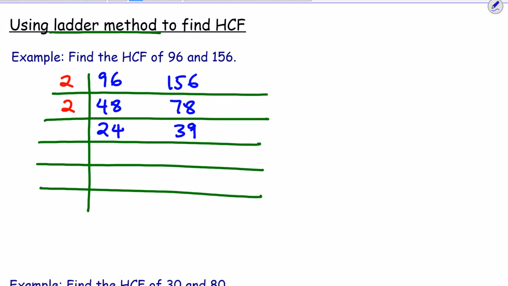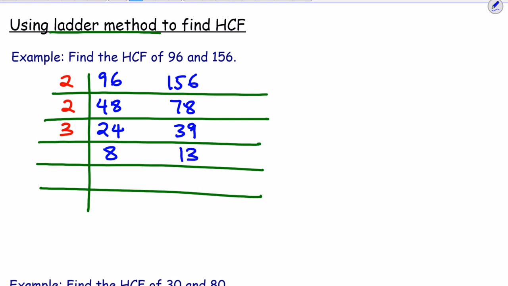Now, 24 and 39 are multiples of 3. So I'll write 3 there. 24 divided by 3 is 8. 39 divided by 3 is 13. And I think that's it.